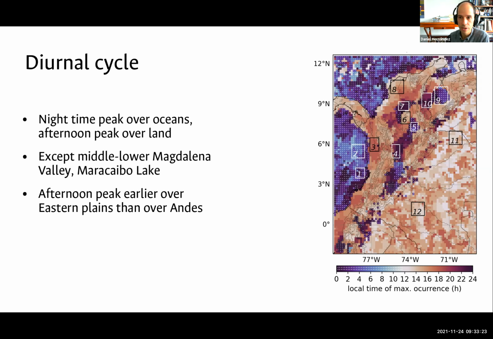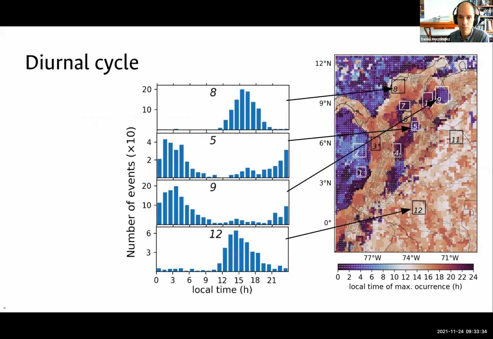The same happens here to the north of Colombia in the lower Magdalena Valley and in the middle Magdalena Valley as well. Here, this part is also full of nighttime convection, even though this is just land. There is no lake there like in Maracaibo, but this is really land and we have a lot of nighttime convection. And this is something that has been noted by previous researchers before, but it hasn't really been studied in order to understand what really causes it.